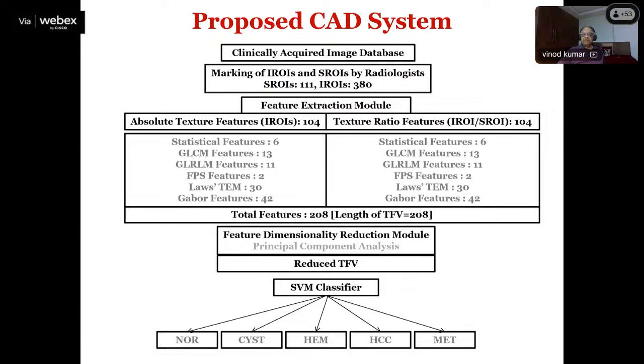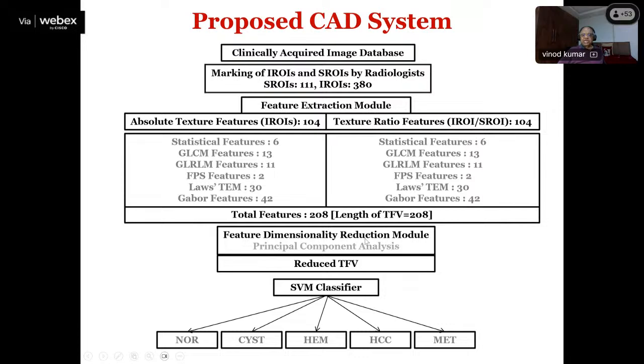That is why from the previous data set to this time's data set, we had more images, more IROIs. So statistical feature 6, gray level co-occurrence matrix 13. Like this, total features we could get 104, and 104 ratio features. So total 208 features, 104 plus 104.